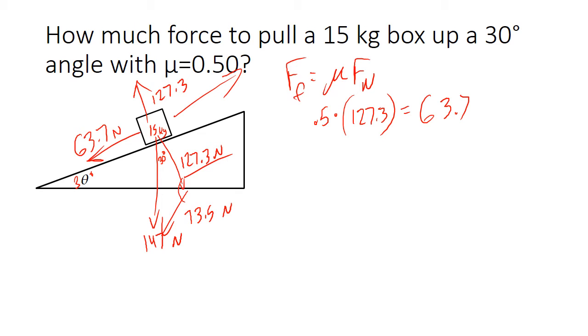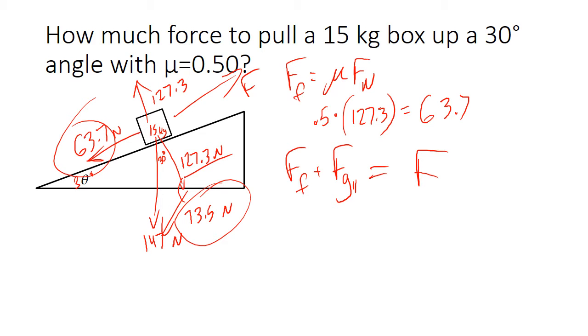Okay, so now that we have that, we've got to figure out what this F needs to be to pull it upwards, right? Well, it's got to be bigger than the forces going down. So let's set them equal to each other. What's going down? You have your force of friction, and you also have your force of gravity that's parallel. You have this guy going down too. These two forces are both pointing down the hill. So your pull has to counteract both of them.